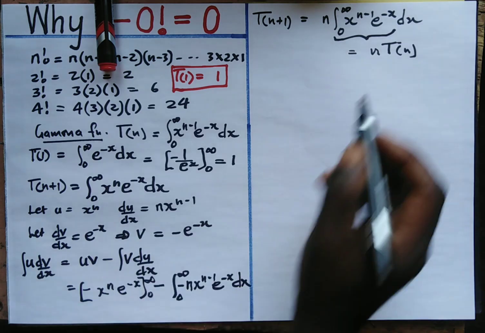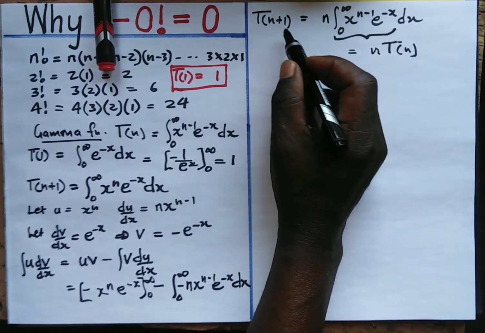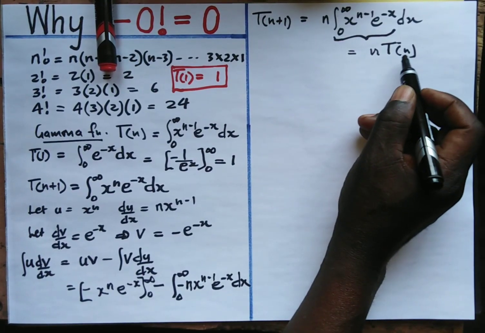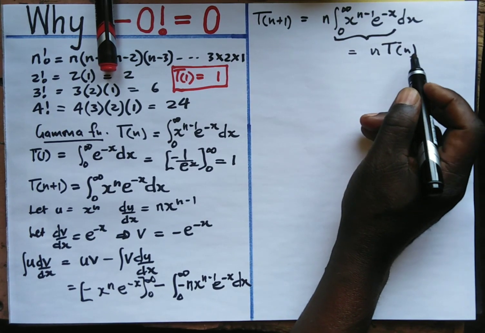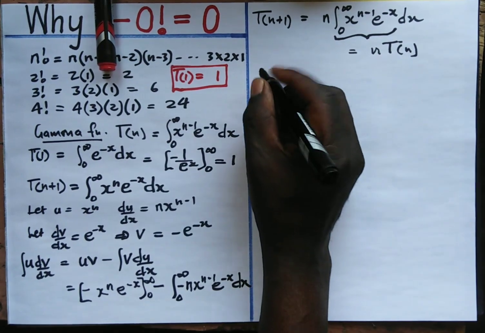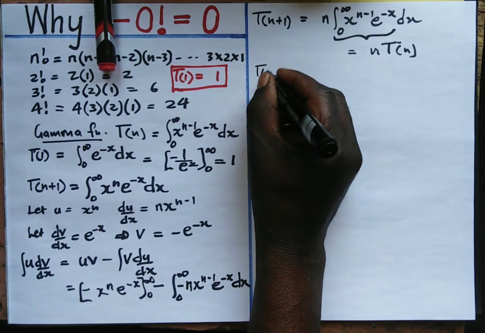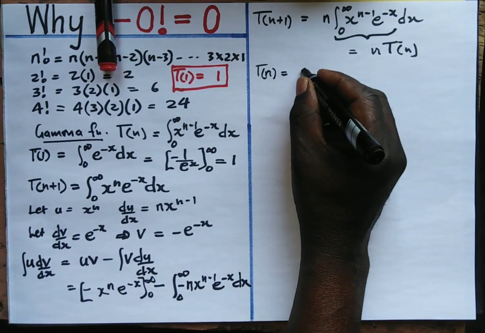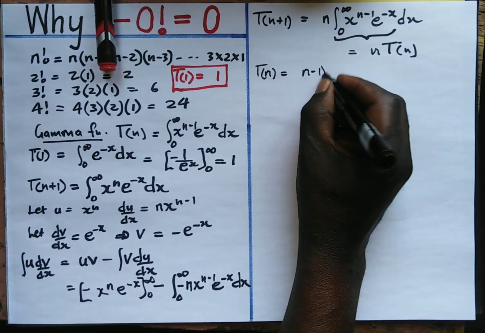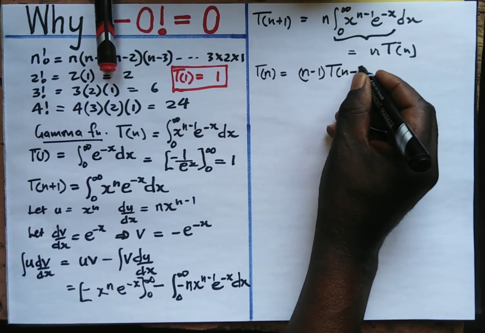But now, this also implies that if gamma of n plus 1 is equal to n multiplied by gamma of n, then gamma of n is equal to n minus 1 multiplied by gamma of n minus 1. So let's write it here. So gamma of n itself can be written as n minus 1 multiplied by gamma of n minus 1.